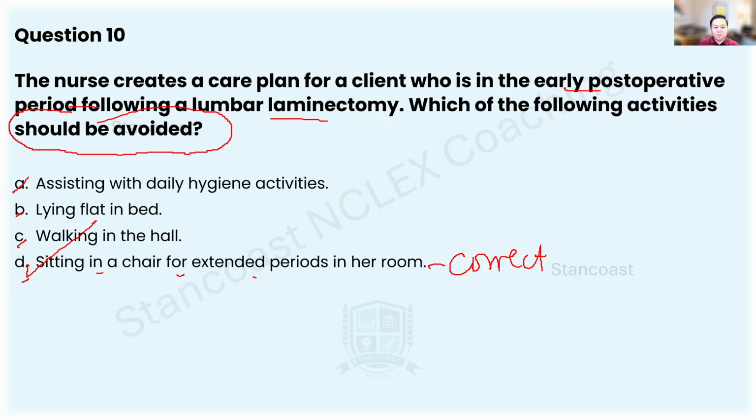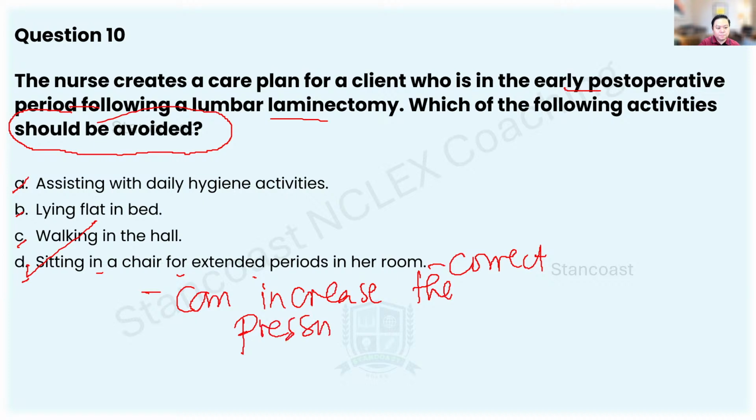Again, we are not going to recommend this, especially right after a lumbar laminectomy, because it can increase pressure on the nerve root and incision site.